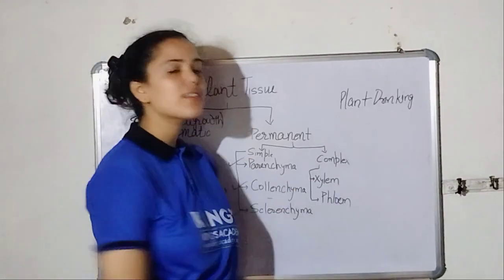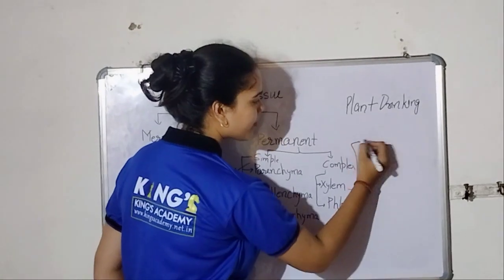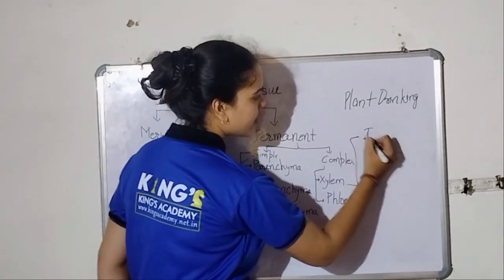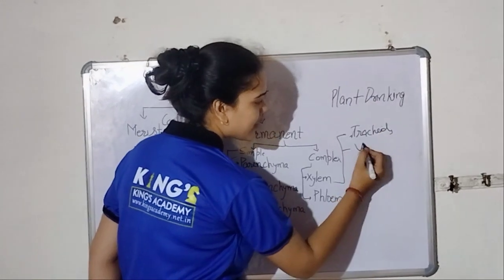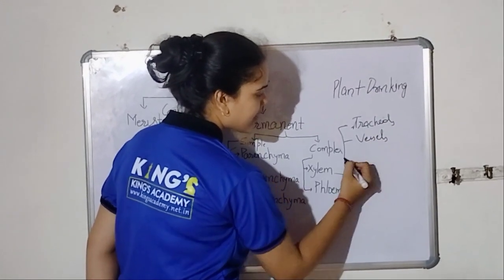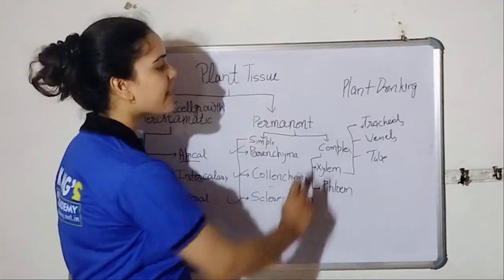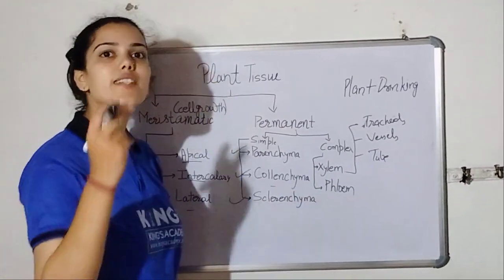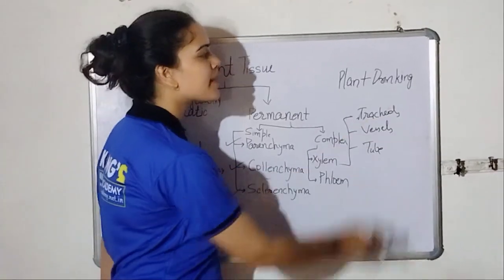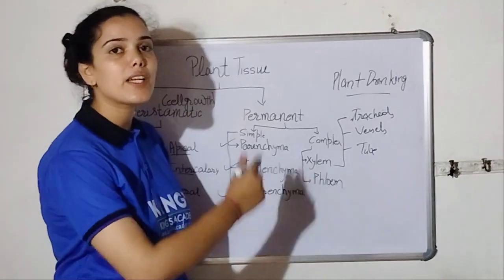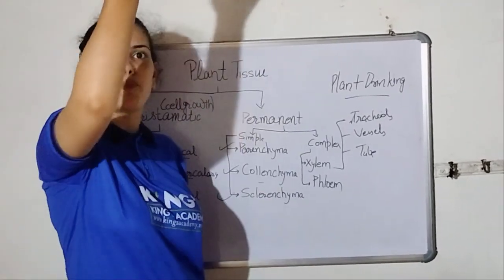Xylem cells are differentiated into three kinds: xylem tracheids, xylem vessels, and xylem tubes. These cells take the water and minerals from the roots and carry them upwards.